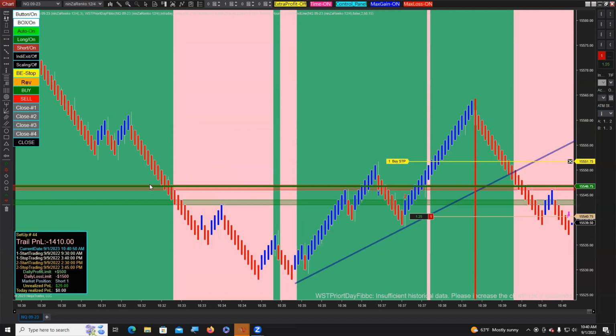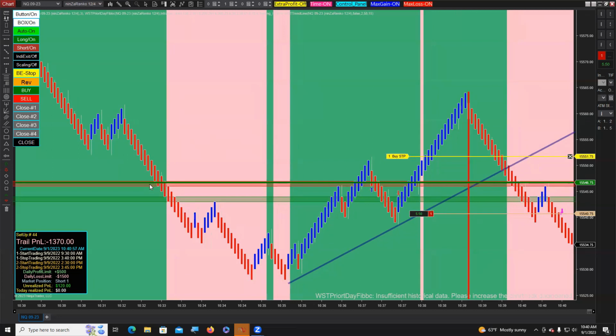So this template, because I get these emails, this is different than the original template that the developer shared with everyone. I changed it because the entry is not based on a breakout. This entry is based on trend lines.